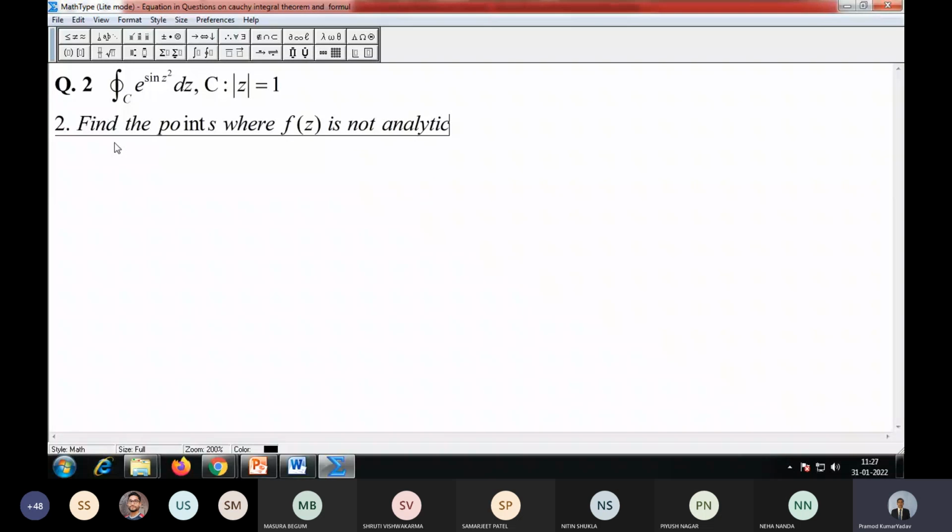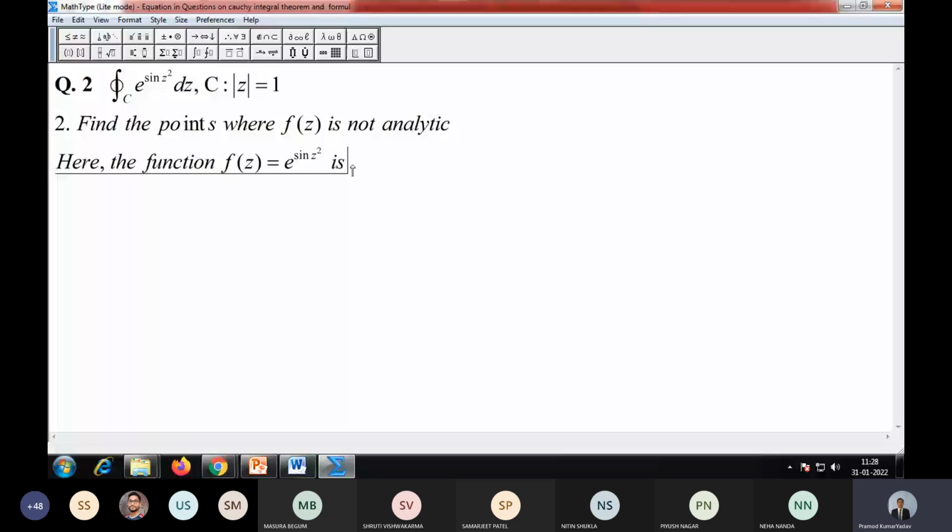In this case, f(z) is e to the power sin z square, and you may check this function. Masura, have you got it? Yes, sir.